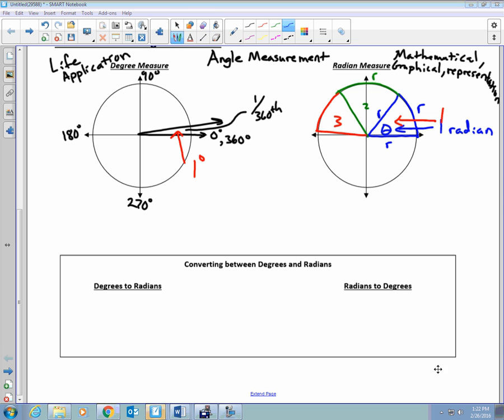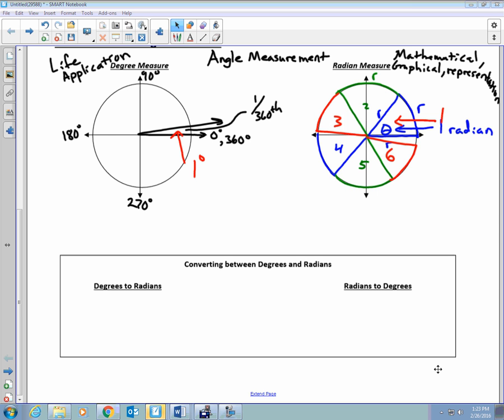Draw another one. Fourth. This is the aha moment. This is where you really got to think about it.